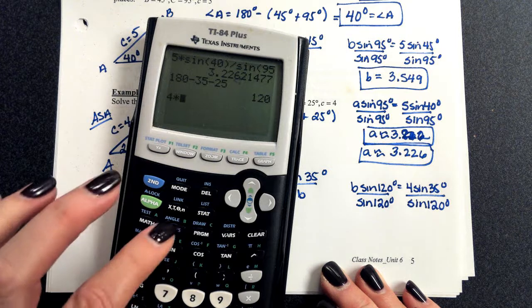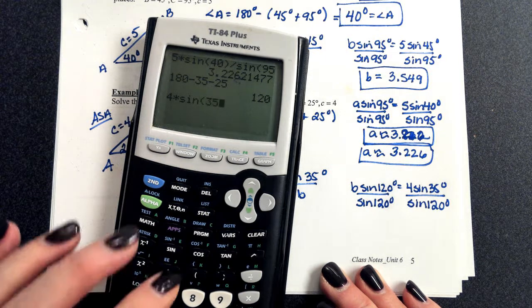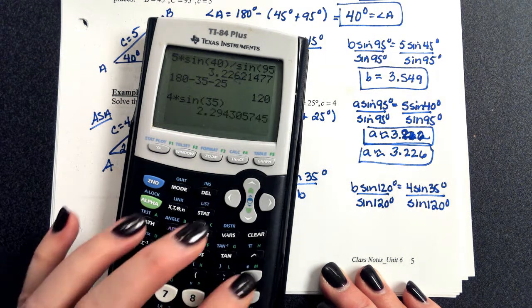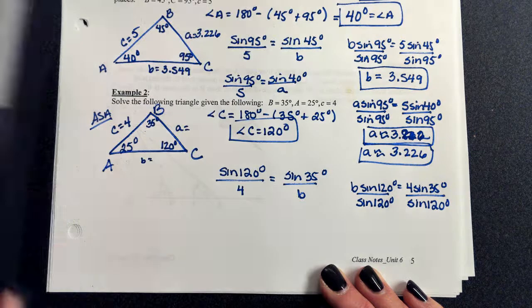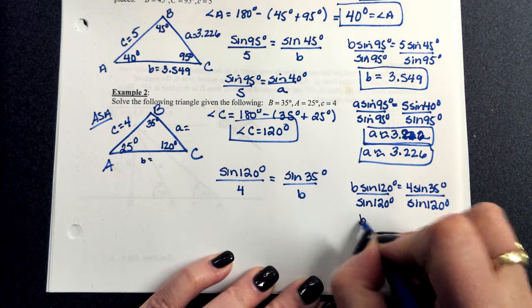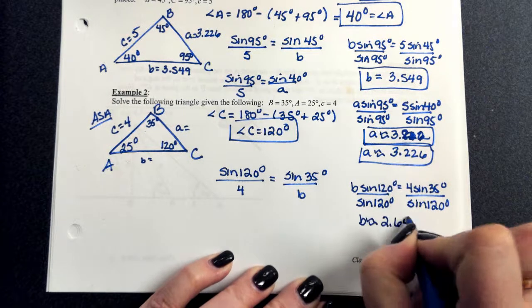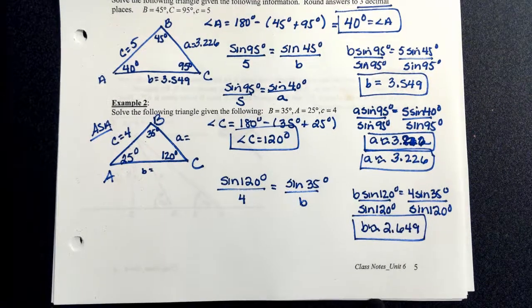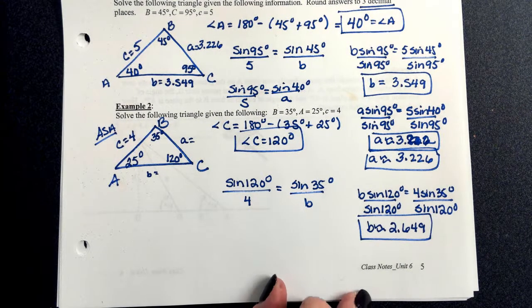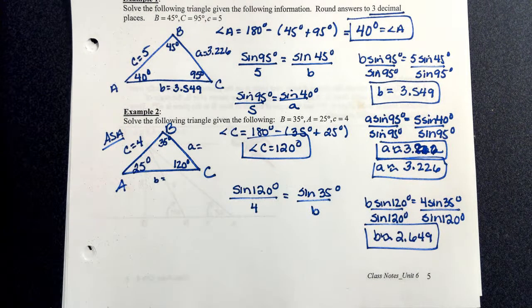So 4 times the sine of 35 divided by the sine of 120 is 2.649. So B is about 2.649. So any questions on that one? You guys go ahead and solve for side A for me.